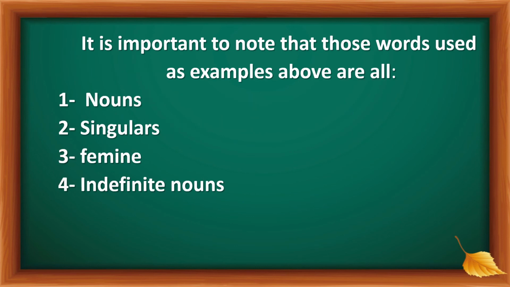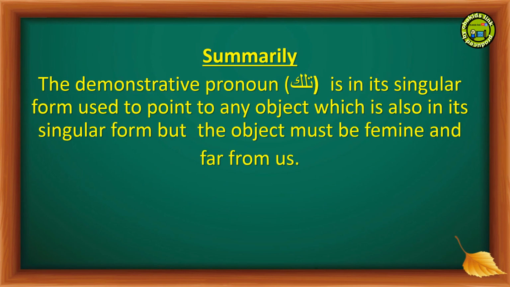It is important to note that those words used as examples above are all, one, nouns; two, singulars; three, feminine; four, indefinite nouns. Summarily, the demonstrative pronoun Tilka, in its singular form, is used to point to any object which is also in its singular form, but the object must be feminine and far from us.